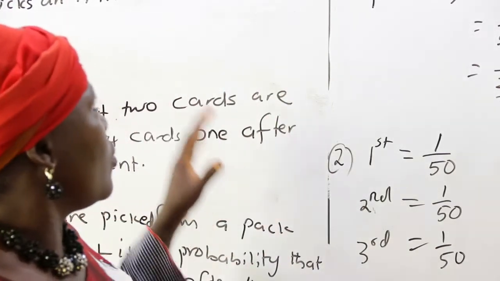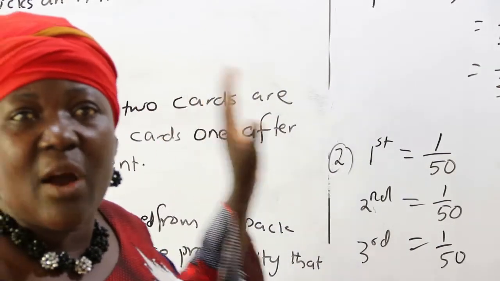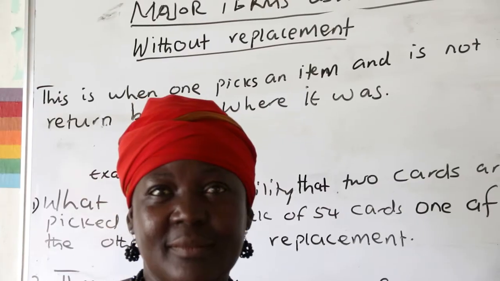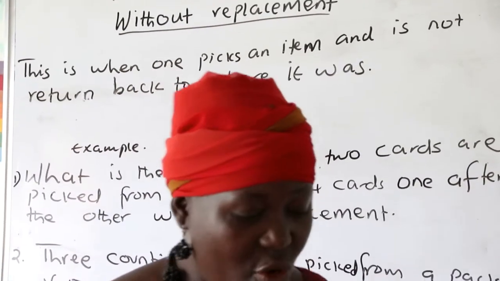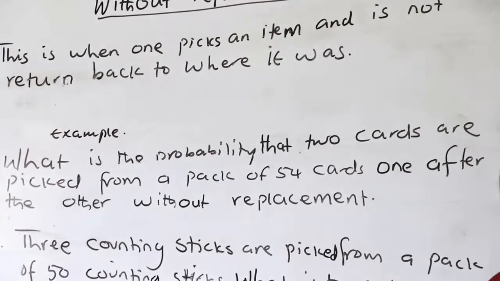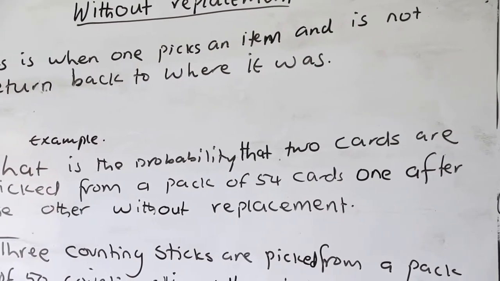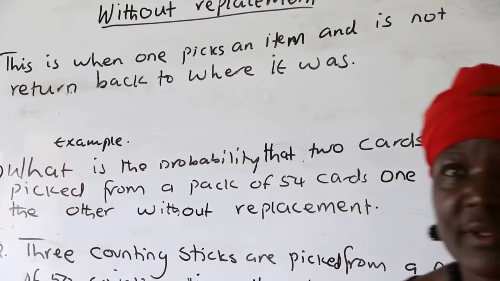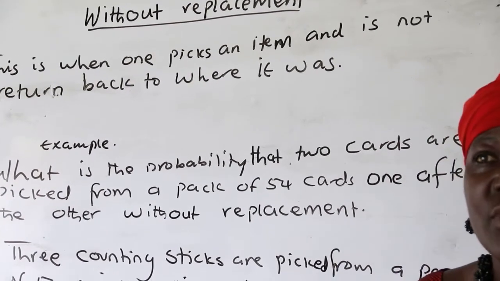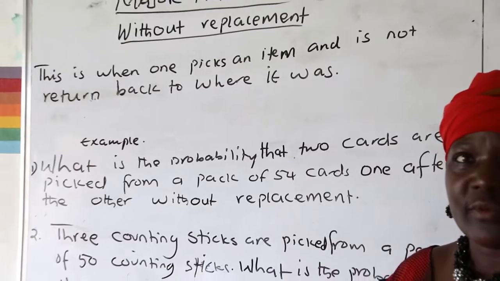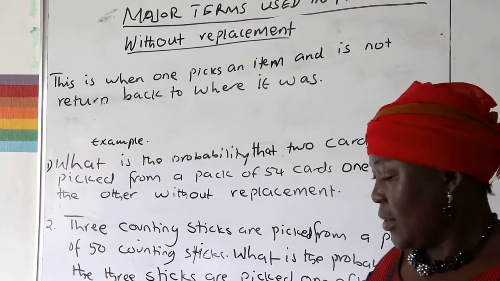So we'll look at what will happen if it is without replacement. As I told you, we'll look at when it is without replacement. We have seen how it is with replacement. So if we cannot replace, what happens? Let's see what will happen.